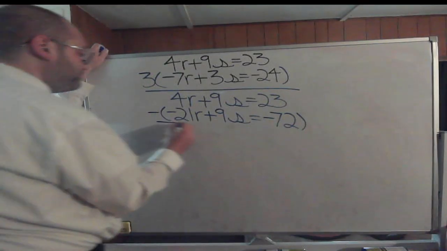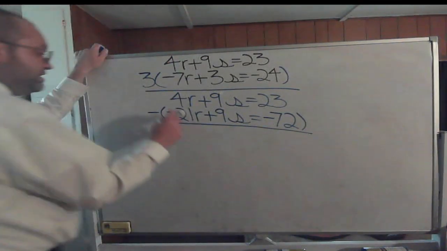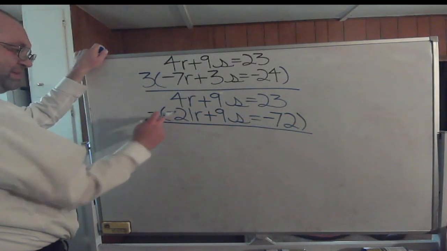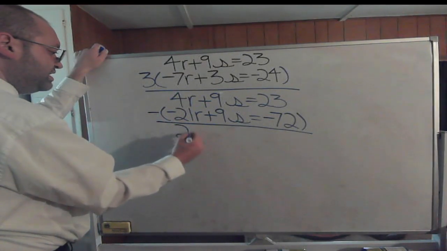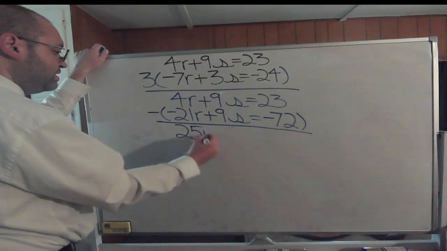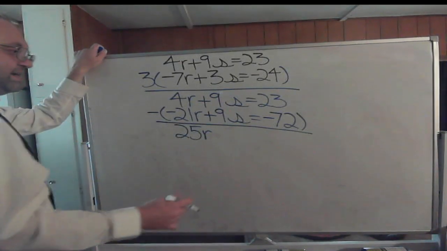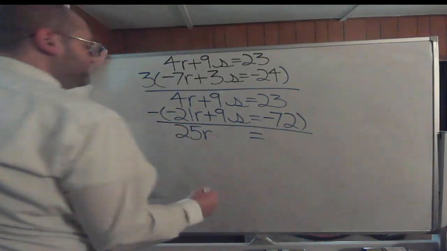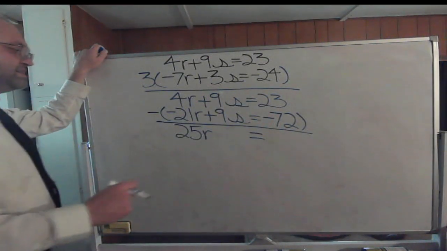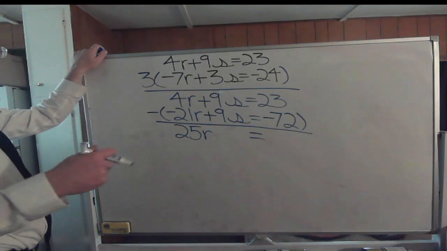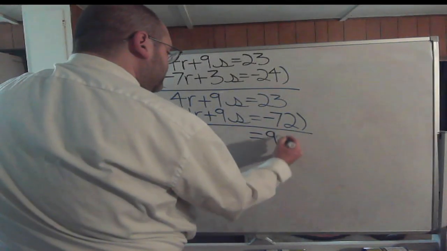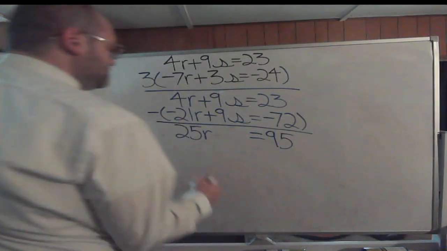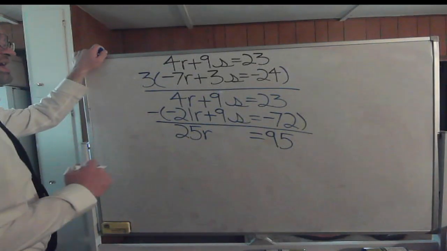So if we do that, you'll get 4r minus negative 21r, which turns into 4r plus 21r. That's going to give you 25r. Then you have 9s minus 9s, that's 0. But then you have 23 minus negative 72. That turns into 23 plus 72, which would end up being 95. So 25r equals 95.